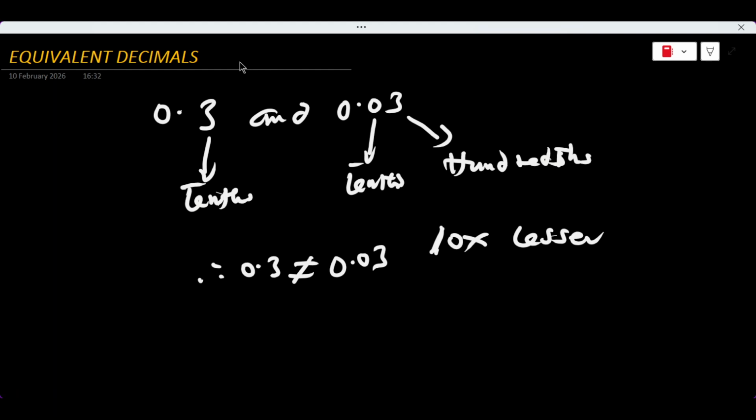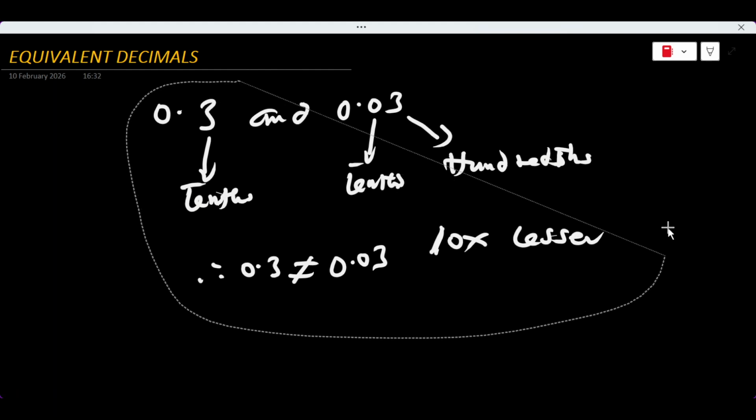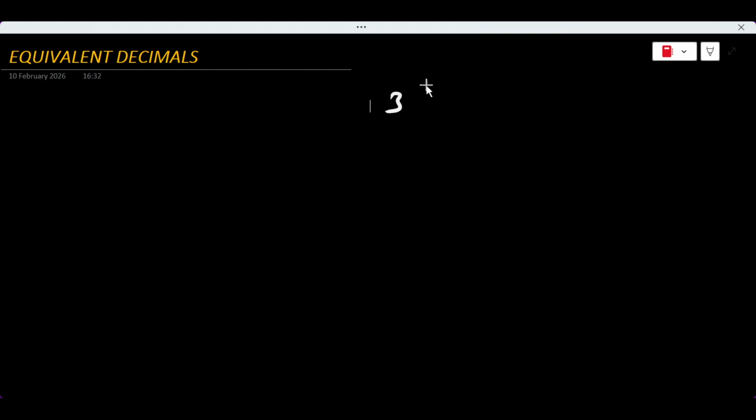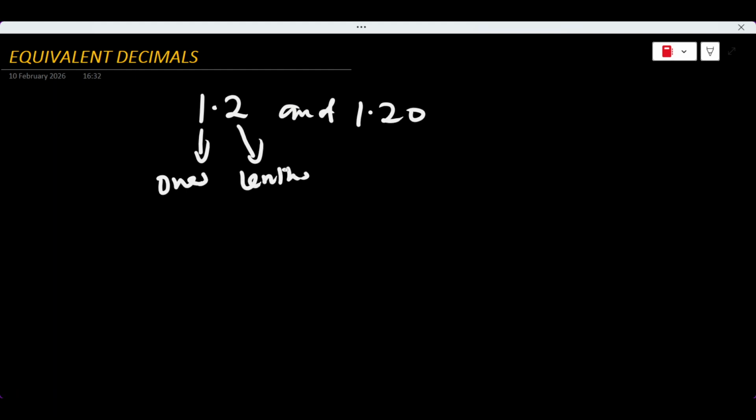Alright, so try your hands on this. You can pause the video and then check if your answer is correct. Alright, so we have 1.2 and 1.20. Now, remember that equivalent decimals aren't just less than 1. So it can also be what? More than 1. And here we have 1.2 and 1.20. We know that 1 here is at the ones place, and then the 2 here is at the tenths place.